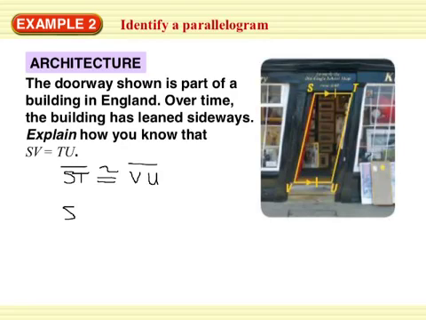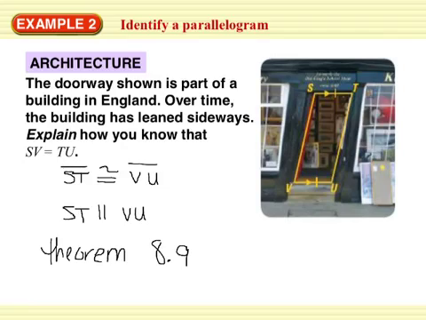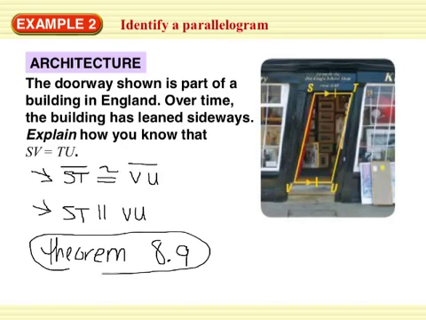And we also know that ST is parallel to VU. Explaining my reasoning is stating those two facts and also saying I'm going to use theorem 8.9. It is a parallelogram. I stated the knowns that are used in theorem 8.9 and I'm using theorem 8.9.